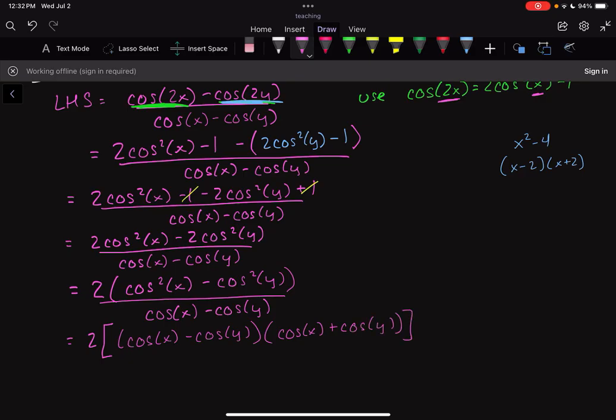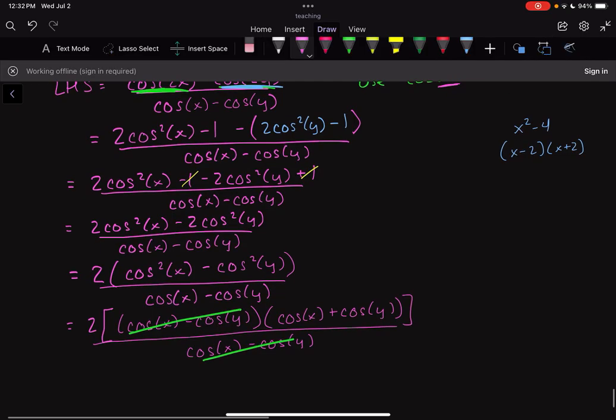So what I did there is I factored. This is still divided by cosine x minus cosine y. Now that everything is split up with multiplication, now I can cancel. So these can cancel out. I can distribute that 2 back in.